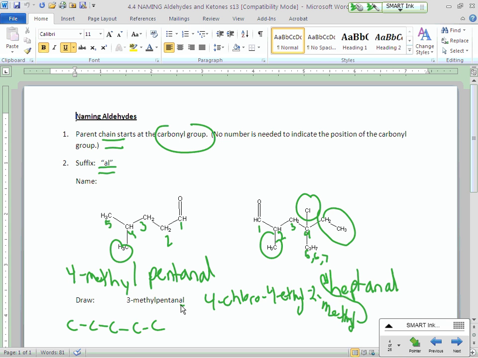Now, as soon as you see the al ending, you're putting double bond O, right? That's what you're doing. That's the carbonyl group. As soon as you've got the al ending, double bond O right at the front, okay? Then you're going to go 1, 2, 3, put your CH3, and then again load with H's, right? Because it's on the end, you can put the H on the outside here. That's typically the way it is.